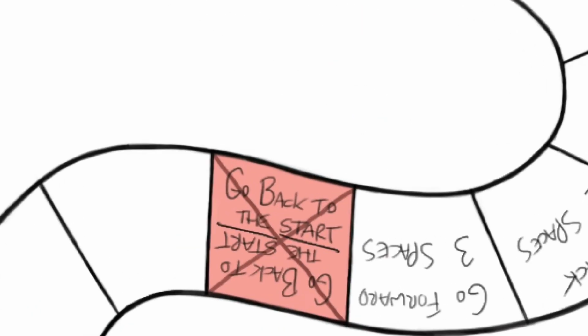I want the go back to the start space to stand out, so I've done a cross, a darker red cross going through.